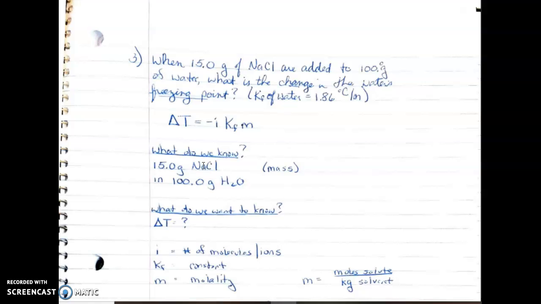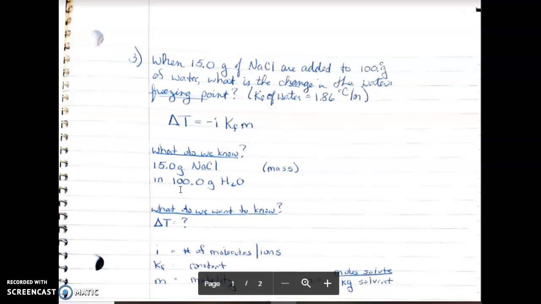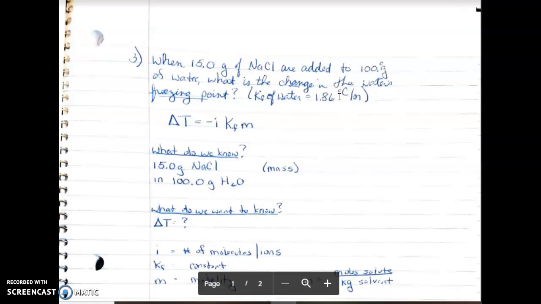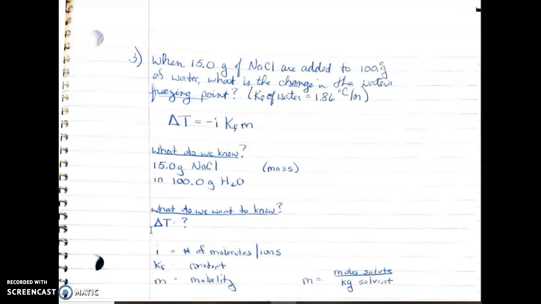That 15.0 gram sample is added to 100.0 grams of water. It's not a volume, but we know the mass of the water in grams. Those two things we know, and of course we also know the constant for water. And what we want to know is delta T: the change in the water's freezing point.